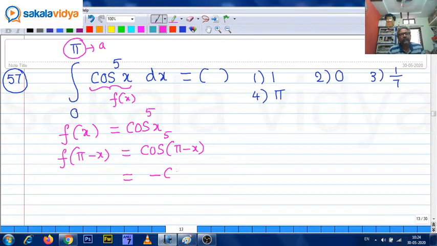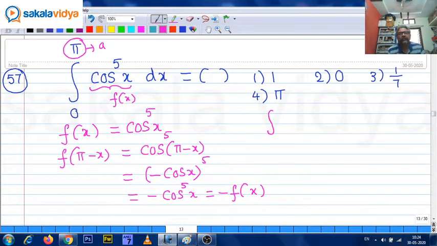This is minus cos x to the power of 5. 5 is an odd number. Minus raised to odd, minus, you get minus cos x to the power of 5. Again, this will be minus f of x. So f of a minus x is equal to minus f of x. That's why we have this formula.